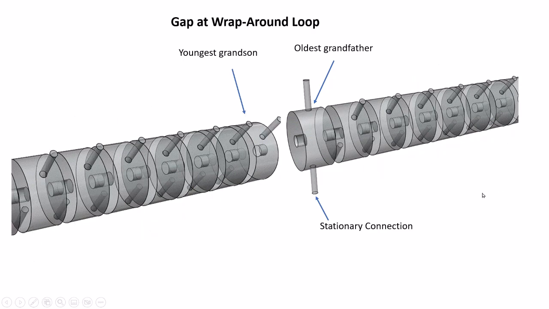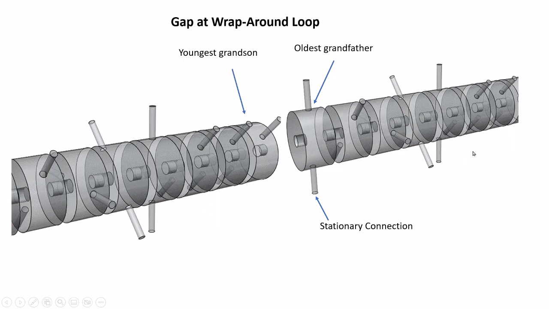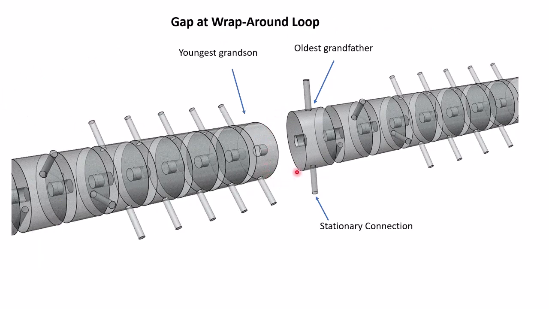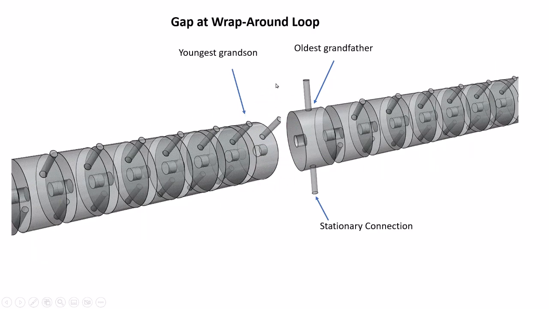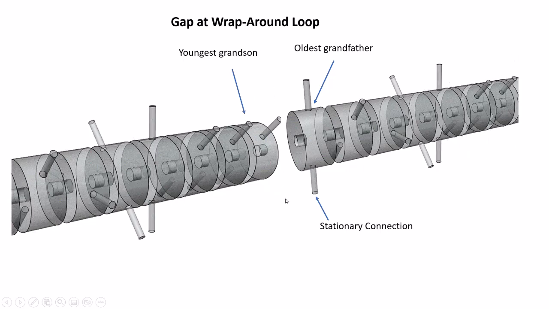So there's an acceleration, a kind of mechanical gearing, the further you go along the chain. And as soon as it wraps around on a big loop and comes back in from the left with the youngest grandson, it's spinning perhaps 100 times faster than the others because there are 100 elements it's accumulating motion from. So conceptually, that's what's going on in the simulator when I make this dynamic scaling.